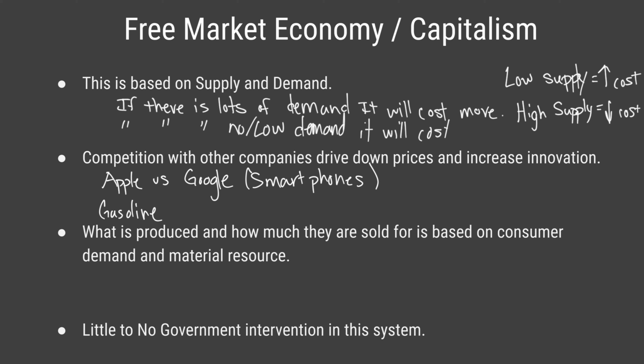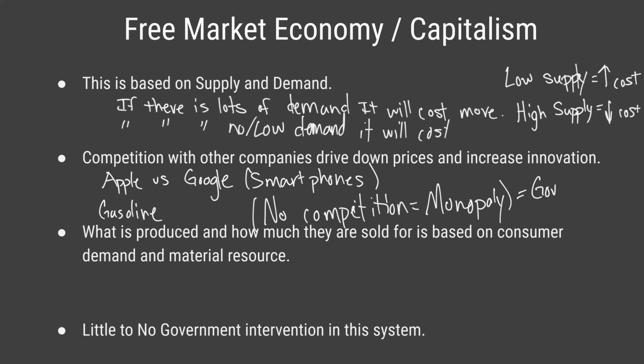When there's no competition and there's only one company that has something, we call that a monopoly. So with no competition, that equals a monopoly. And if a monopoly forms, the free market economy no longer functions. So what you'll see is governments shut down monopolies.